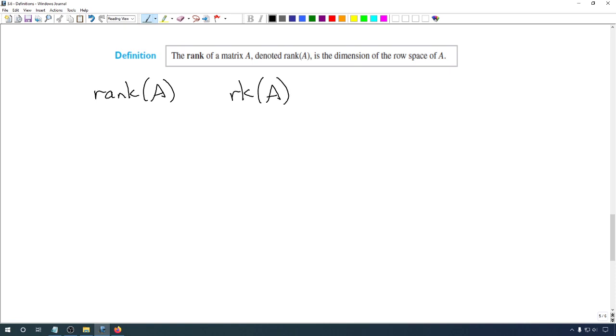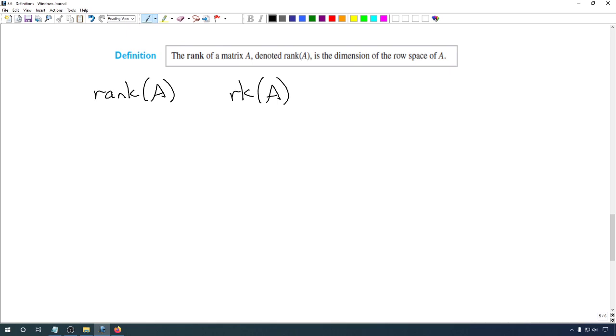It's an important number about a matrix that will determine a lot about it. We'll be talking about this throughout this section, and we'll probably come back to it again in the future as well. It will have an effect on what the matrix A does in various situations, especially when we start talking about linear functions in the next chapter.